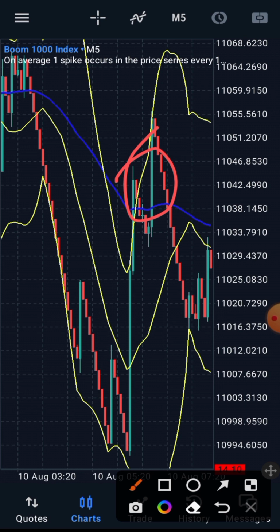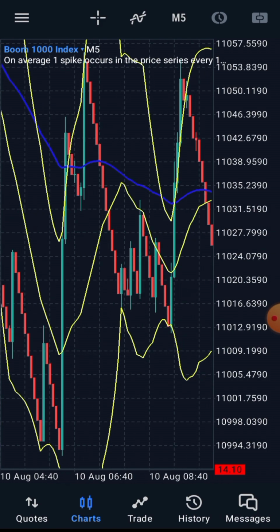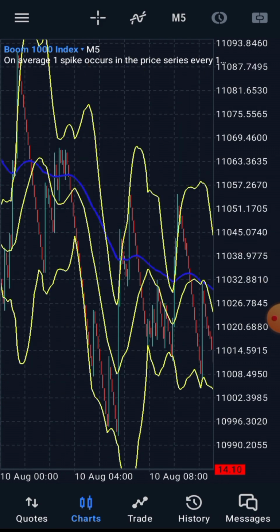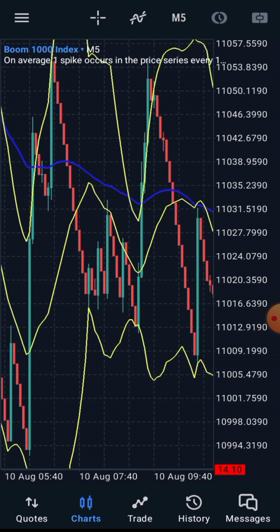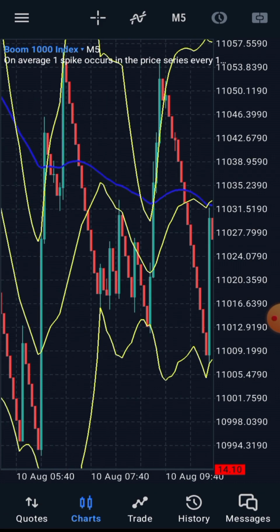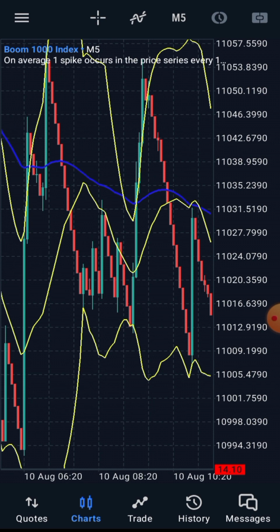Using 10 pips for the stop loss sometimes hits me and then goes the direction I was expecting, because 10 pips is very small for it. So sometimes I use 20, targeting 60, 40, like that, or use a trailing stop loss.